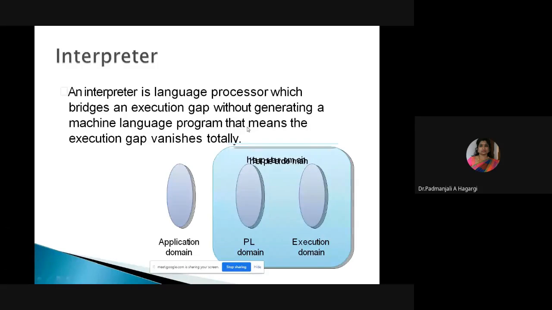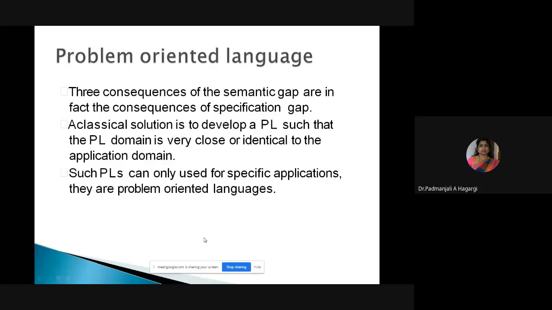That means the execution gap vanishes here, because it takes the instructions of the programming language one by one, executes them, corrects errors, and comes back to take another line for execution.